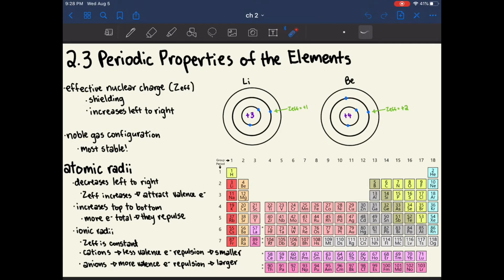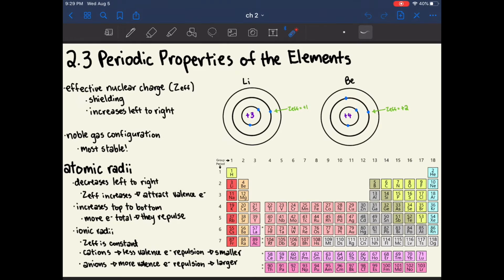The first periodic property is atomic radii, and atomic radii decreases from left to right. Atomic radius is how big the atom is. From here to here, this distance is the atomic radius. So atoms get smaller as you go from left to right, and this is because the effective nuclear charge increases from left to right.